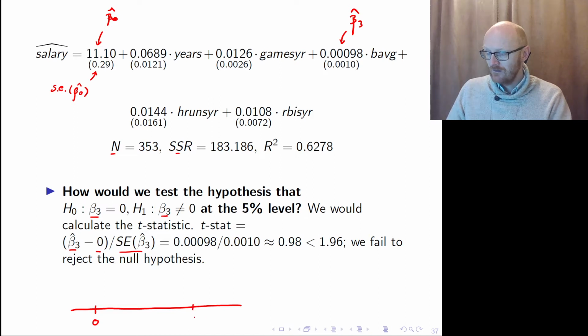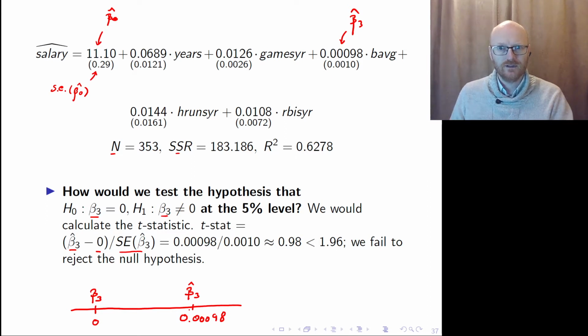So, as I have shown in a different video, we have the hypothesized beta here. We have the sample slope here, and the sample slope is quite small. It's 0.00098. And we have to figure out, are these two far apart or not in probable terms?